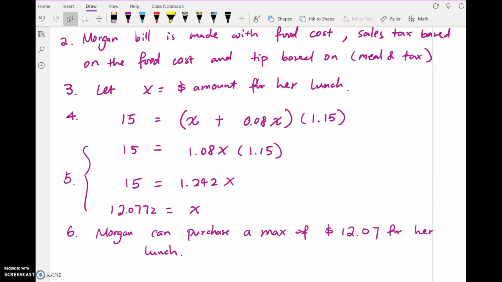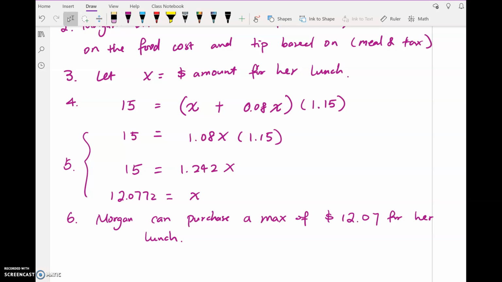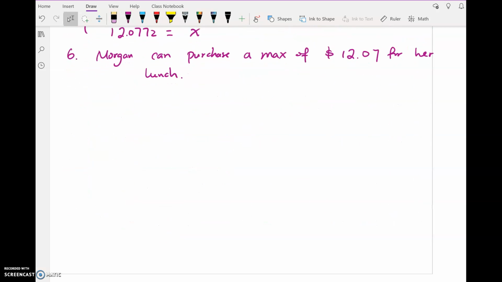Okay, we do not want to round up because it's talking about money. If you're short by 1 cent, they still won't give you the food.